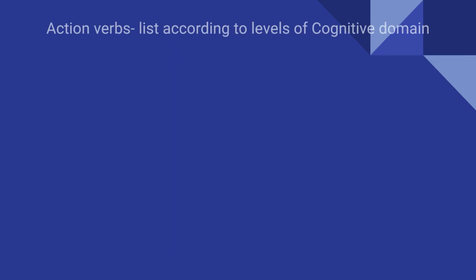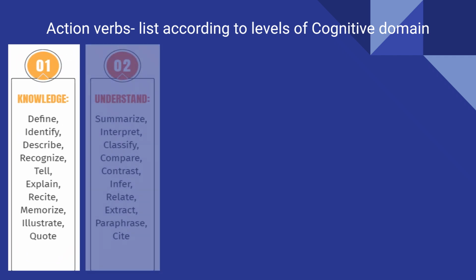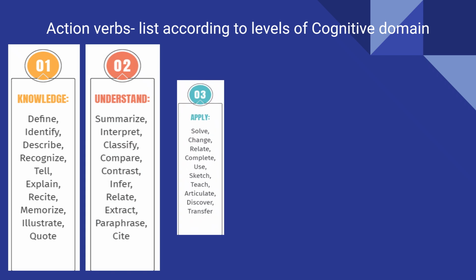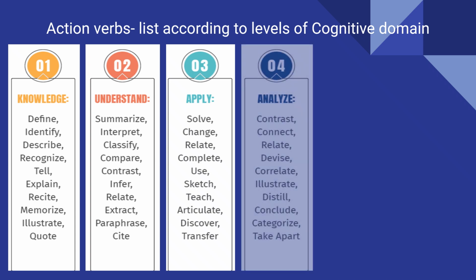This slide is showing you a list of action verbs or words that can be used for the different levels of the cognitive domain. So some of the important words are like define, identify, etc. for whether the child or the student can learn or remember.